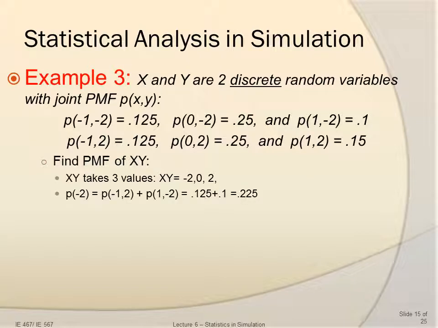We compute the probability of xy equals -2 first, by noticing when the product of x and y is -2. If x is -1 and y is 2, we get -2. Or if x is 1 and y is -2, we also get -2 as the value of the product xy. We sum up those corresponding PMF values and we get 0.225.